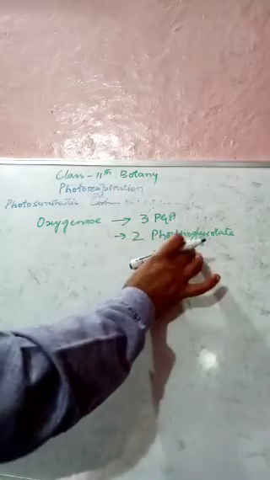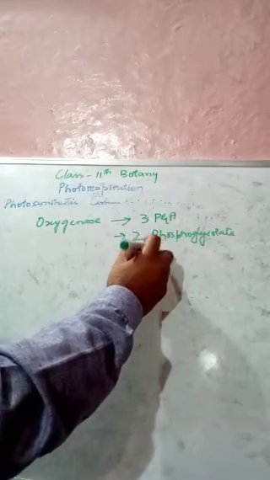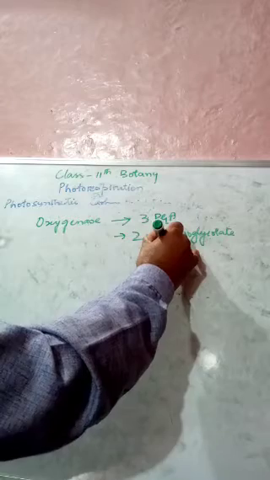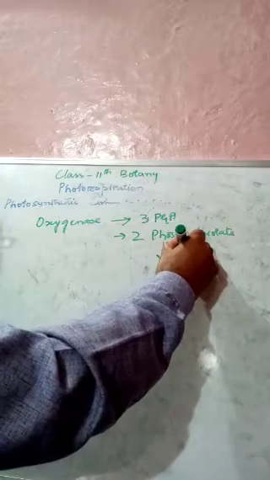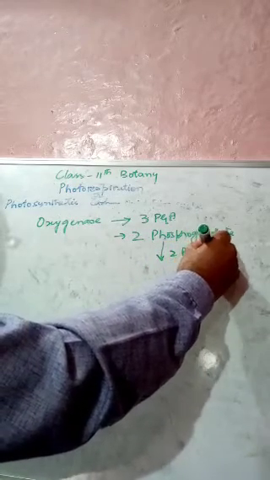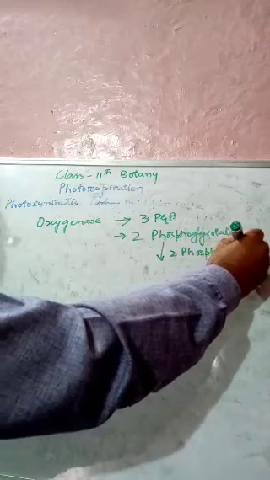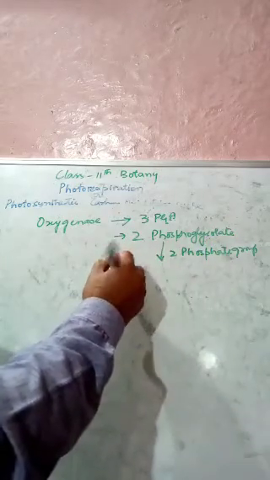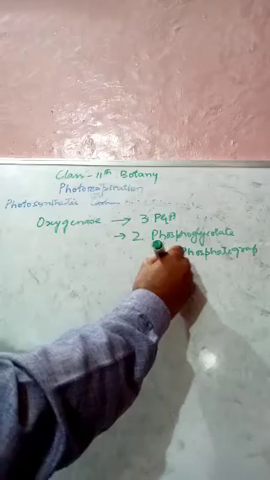The 2-phosphoglycolate loses its phosphate group and forms glycolate.